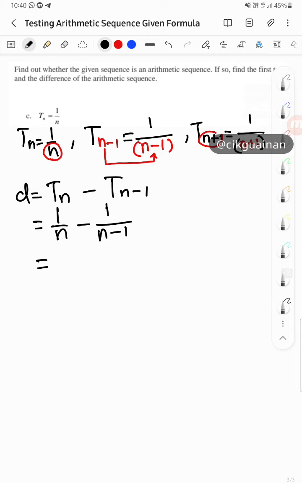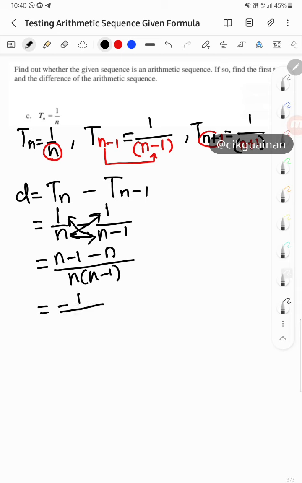You just cross multiply them. So we cross multiply this one, n minus 1, and this one cross over there, minus n. Over the product of the denominators, n times n minus 1. Now the n cancels. Good. Minus 1 over n times n minus 1.